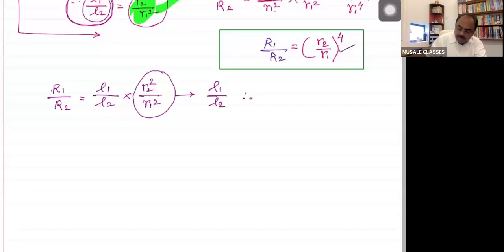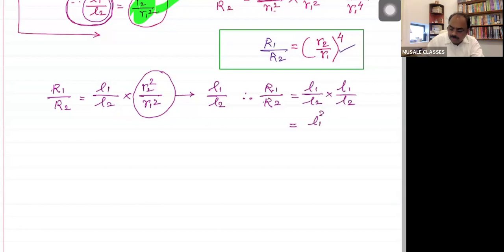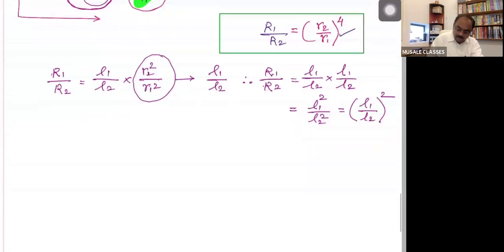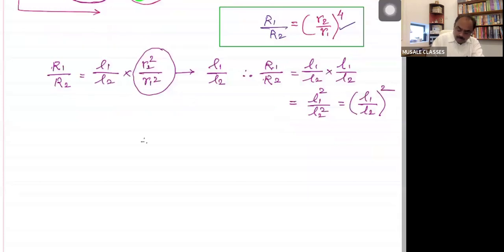So my formula will therefore become R1 by R2 is equal to L1 by L2 into again L1 by L2, which will finally become L1 square upon L2 square, which we can write further as L1 by L2 whole square. We can write it like this. So we have one more formula therefore, that is R1 upon R2 as L1 upon L2 whole square.